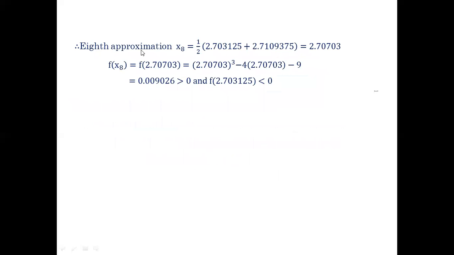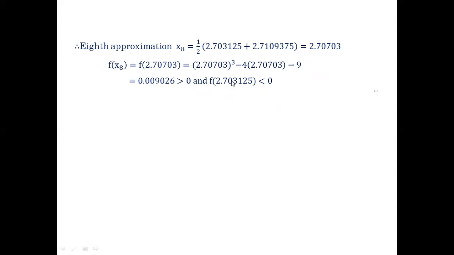Next, the eighth approximation, x8 equals 1 by 2 into (2.703125 plus 2.7109375), which is equal to 2.70703. Then you find f of x8. Substituting 2.70703 in x cube minus 4x minus 9, that is 2.70703 whole cube minus 4 into 2.70703 minus 9, which is equal to 0.009026, greater than 0.